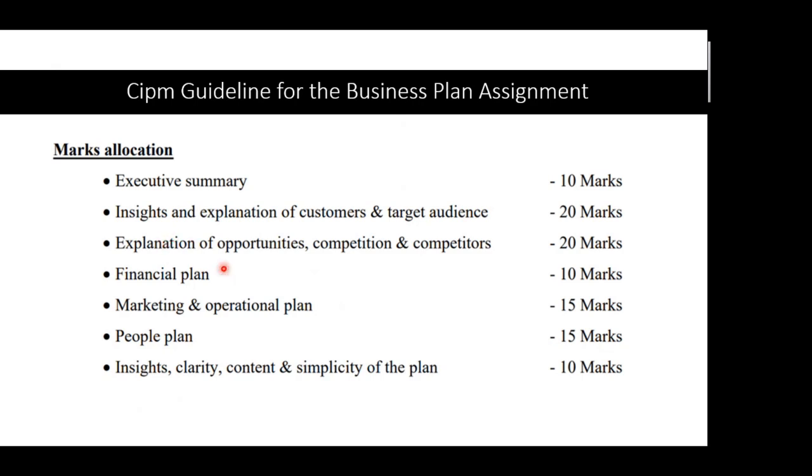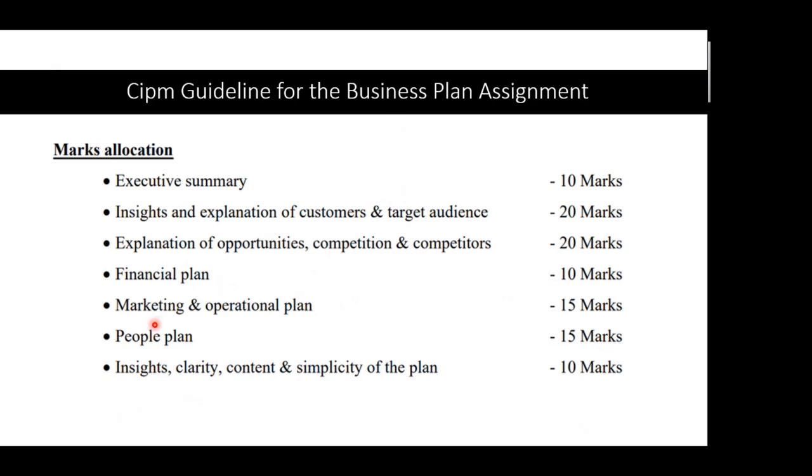For explaining your opportunities, the competition and competitors, again 20 marks allocated. In your business plan, we have to put a small financial plan: how we are going to get funds, what the predicted expenses and income are, etc. For explaining the financial plan, 10 marks are allocated.